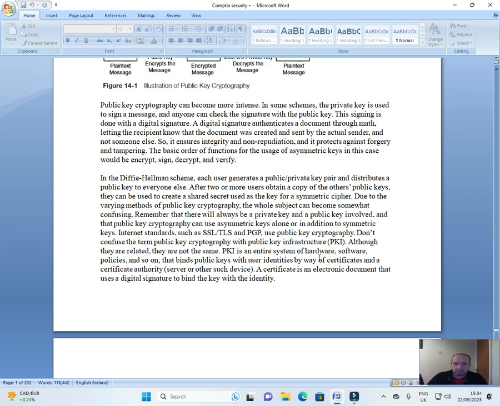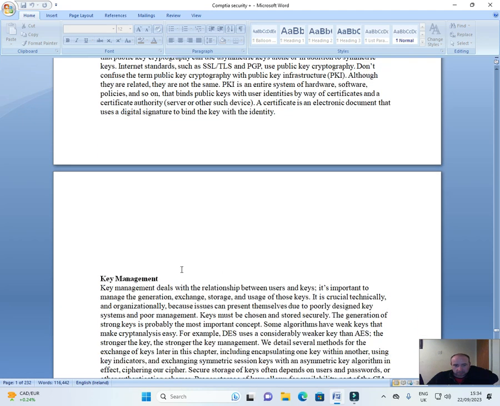PKI is the entire system of hardware, software, policies, and so on that binds public keys with user identities by way of certificates and a certificate authority server or other such device. A certificate is an electronic document that uses a digital signature to bind the key with the identity.